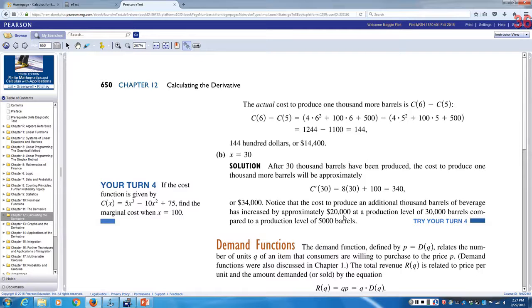Why would that be? Why would this 1,000 barrels only cost $14,400, and yet the 31st 1,000 is going to cost us $34,000? Why would your costs keep increasing?